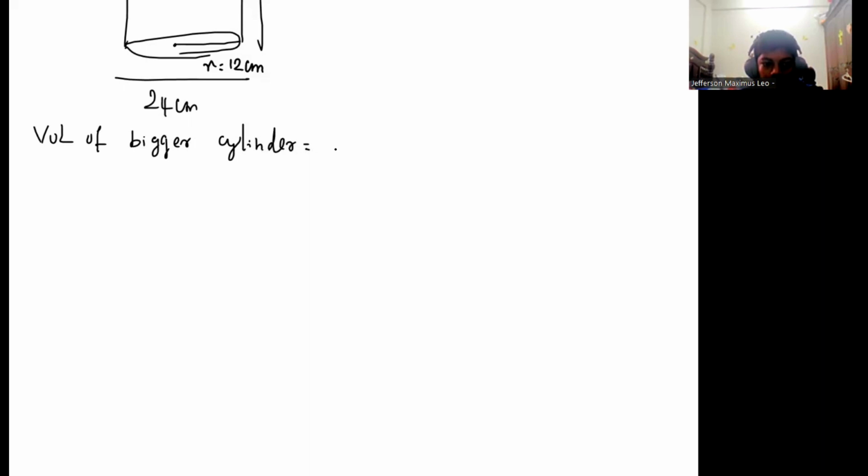The formula is pi r square h. Pi is 3.14, specifically given. R is 12, height is 220.